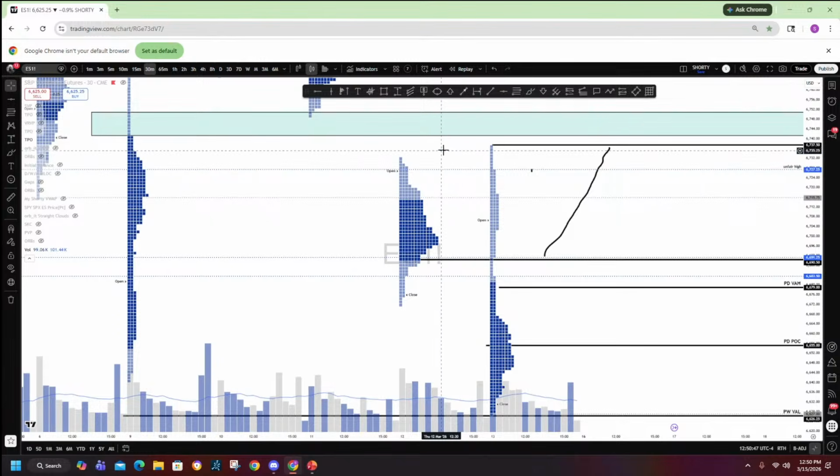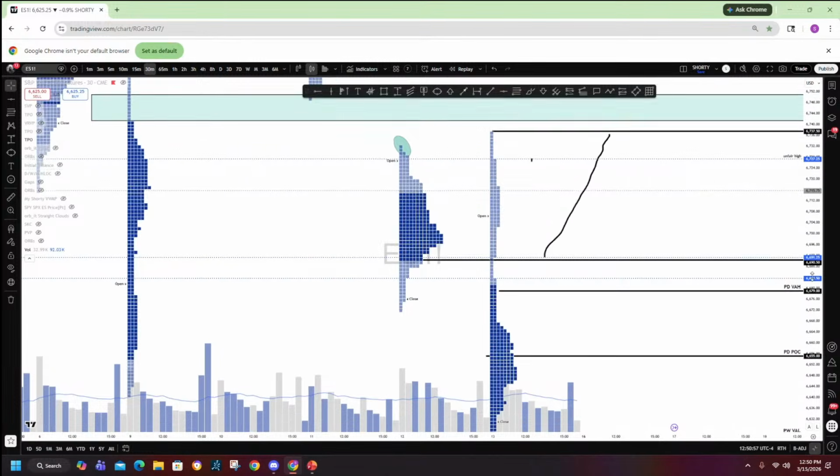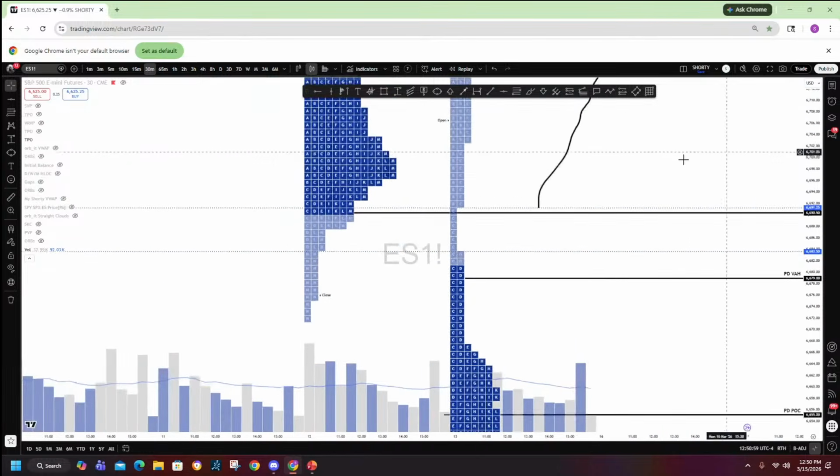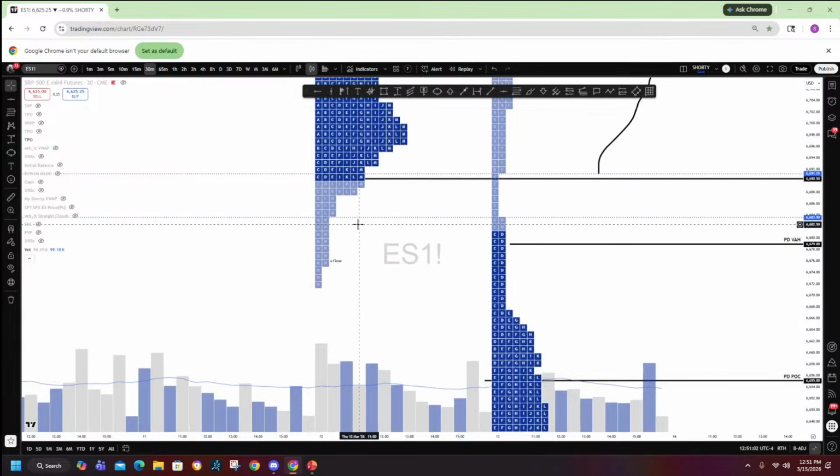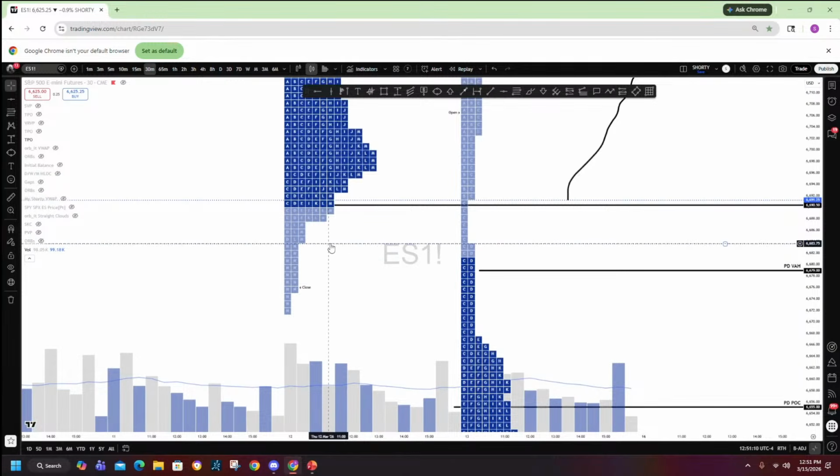So when we went above and cleaned up the what? This day we had what? Unfair low. This day here we had a spike at the same level that you have single prints.